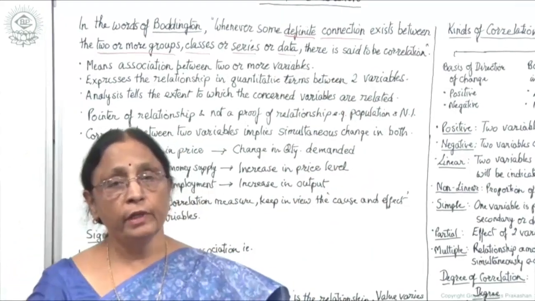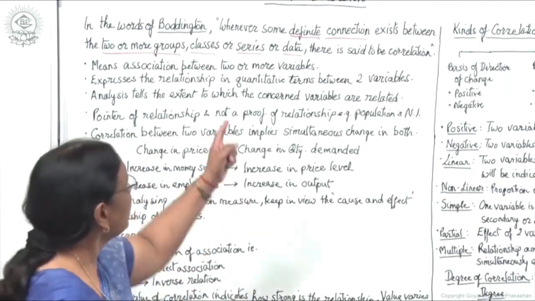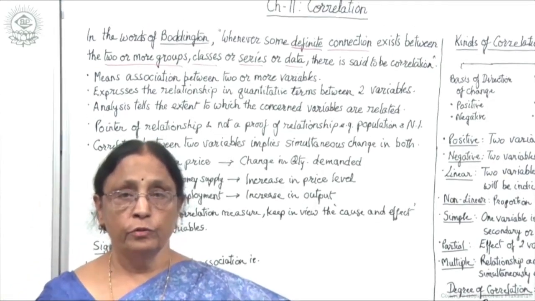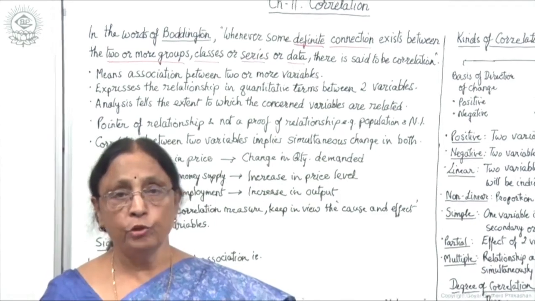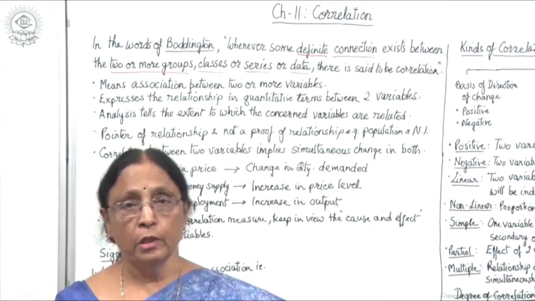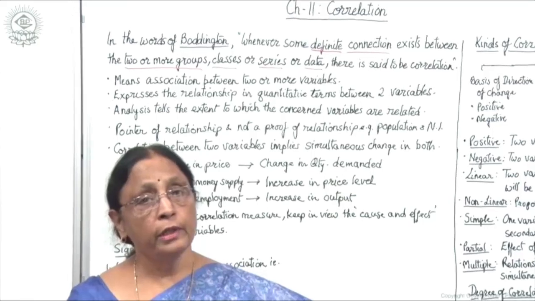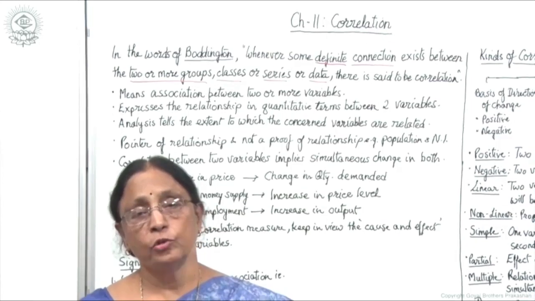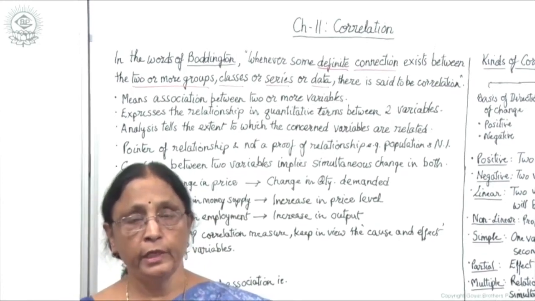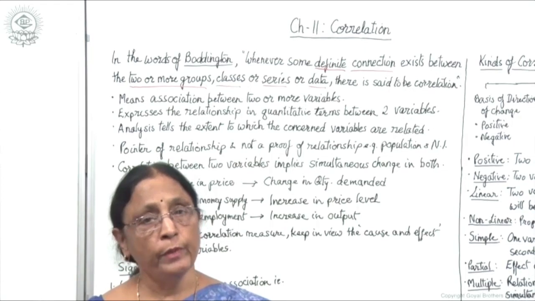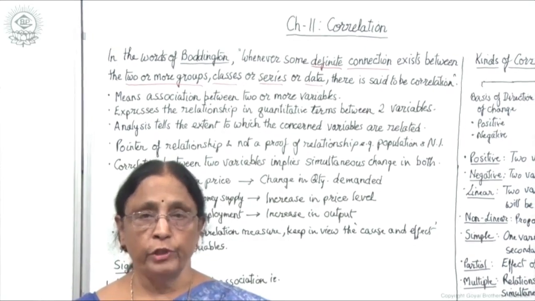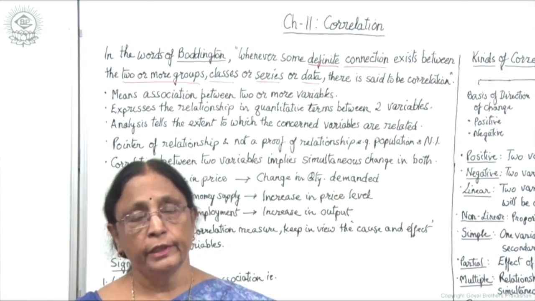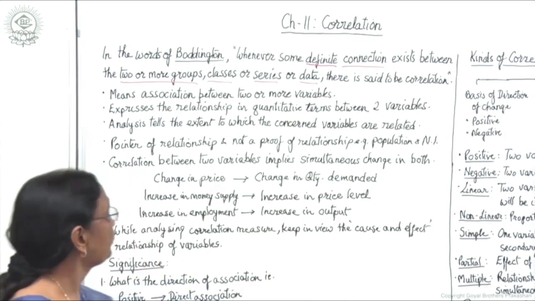That means whenever there is a definite connection between any two series or any two variables or more than two variables or any class, this is known as correlation, right? It may be negative or it may be positive, any type of correlation. But if there is any connection between the two series or two data, then this is known as correlation.